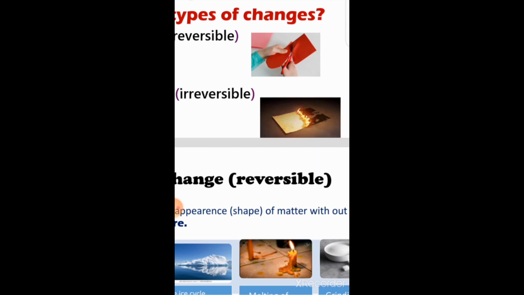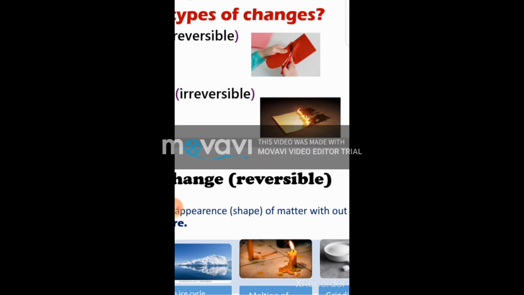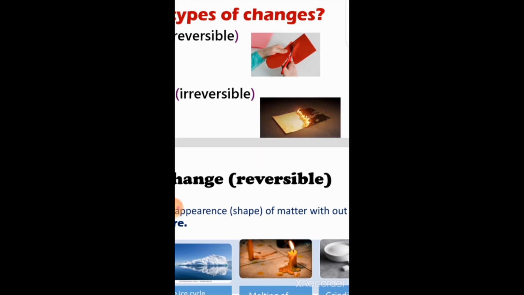There is no new substance. But in the second case, in burning paper, the shape of the paper changes and its structure changes. I have a new substance. It's called ash.